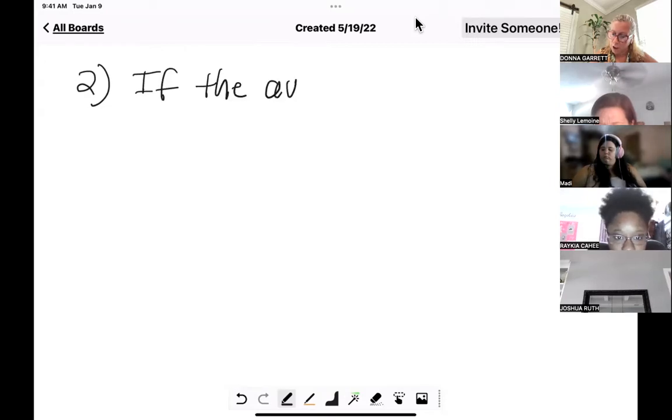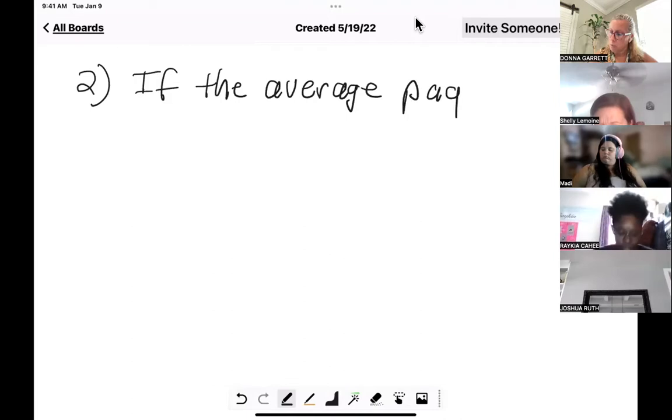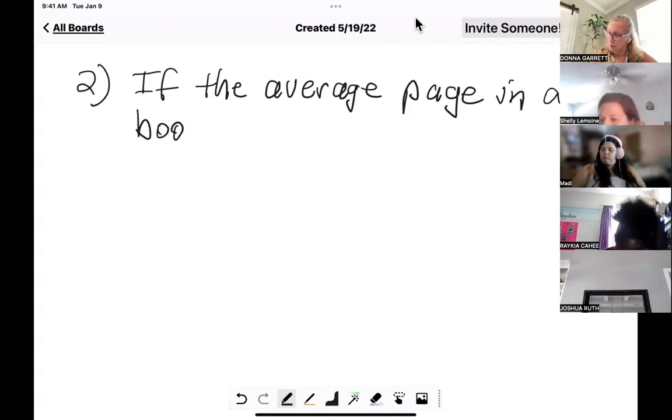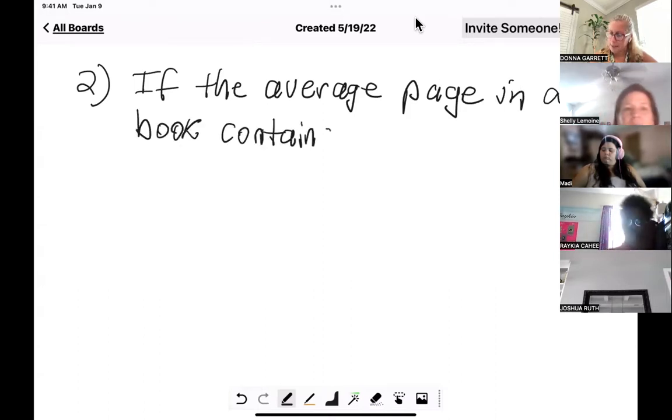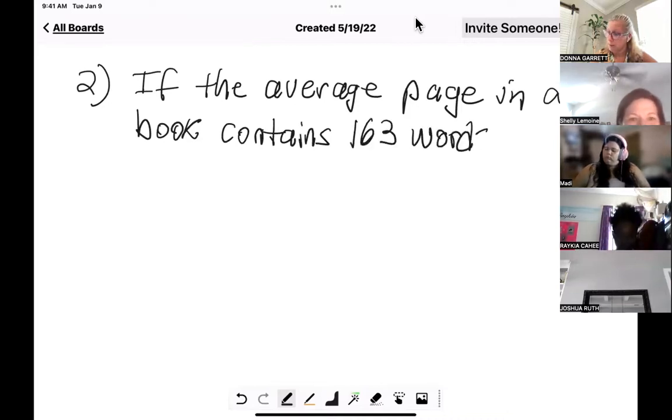If the average page, well, we're going to talk about averaging after we do dividing, in a book contains 163 words. Now watch this one.